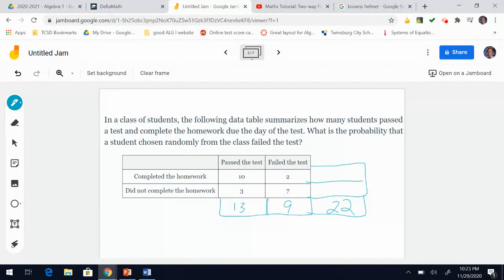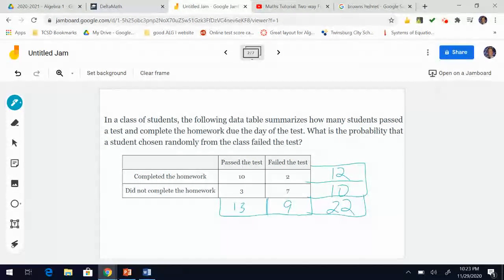Now how many people completed their homework? That's this 10 plus 2 combo, so that's 12 people. And then we could either go 3 plus 7 and get 10, or take 22, subtract 12, and get our 10 there. Now that we've completed our totals, we need to figure out what they're asking us: what is the probability that a student chosen randomly from the class failed the test?